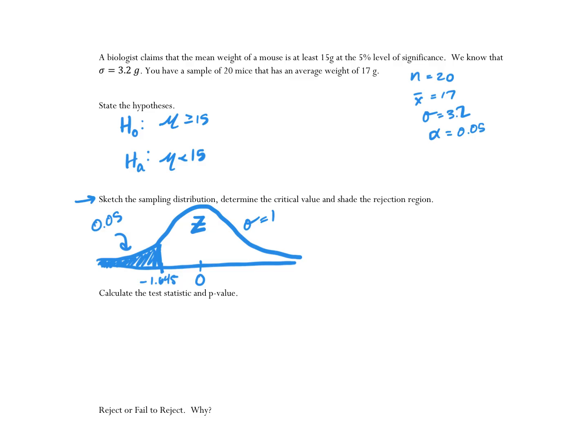Again, check your sampling distribution against mine. Any questions about where we're shading or finding the critical value? All right, next, using your calculator, go ahead and find the test statistic and the p-value.